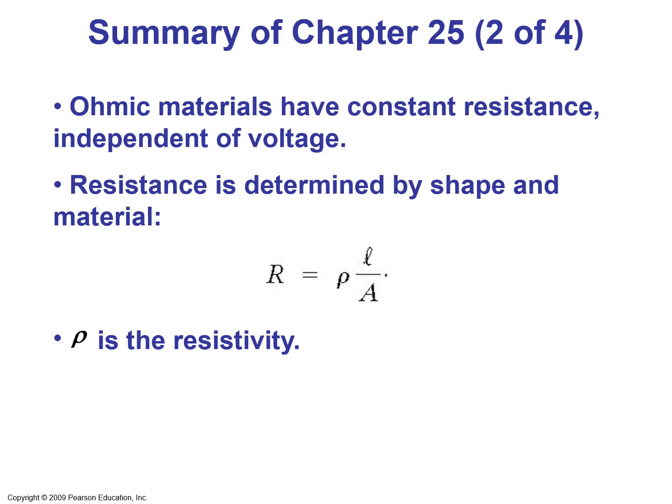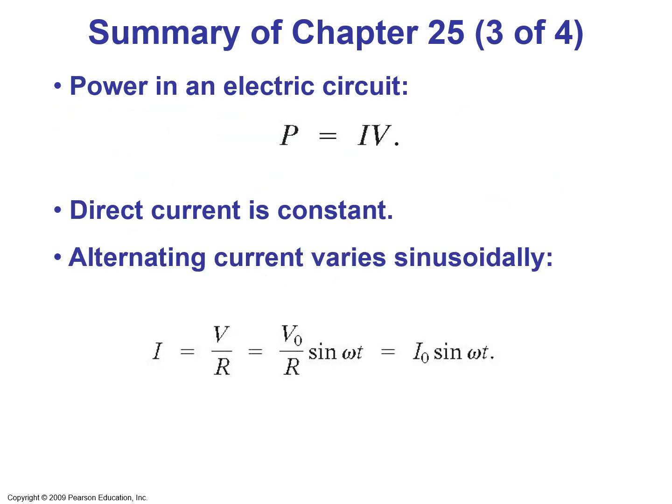Resistance is determined by shape and material: R equals rho times L over A. Rho is resistivity. Power in an electric circuit is I times V. Direct current is constant. Alternating current varies sinusoidally.